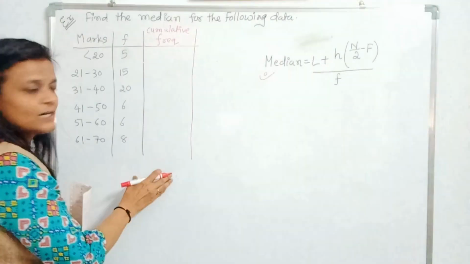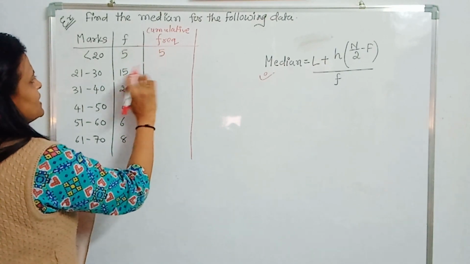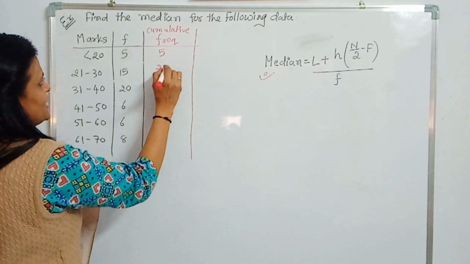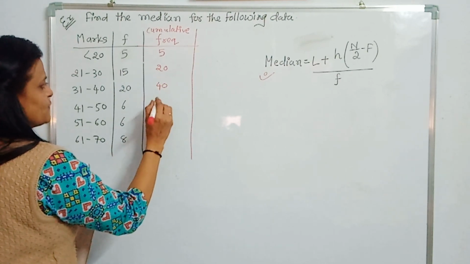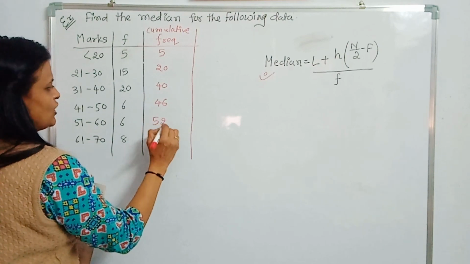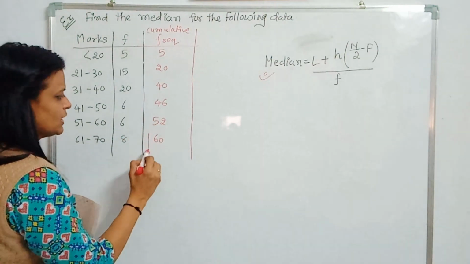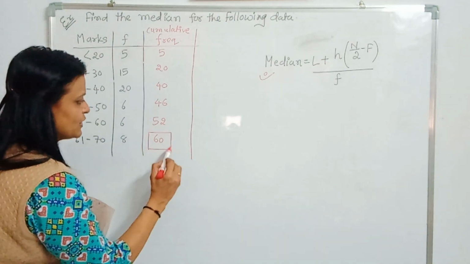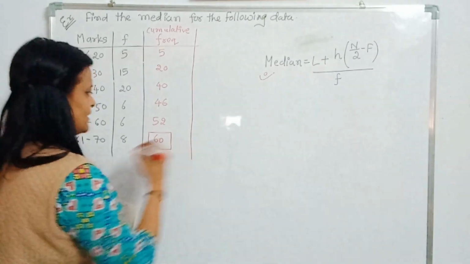This procedure is similar to the previous example. The first frequency we keep as it is, then 15 plus 5, 20, 20 plus 20, 40, 40 plus 6, 46, 46 plus 6, 52, 52 plus 8, 60. So the last cumulative frequency will represent the total number of data.